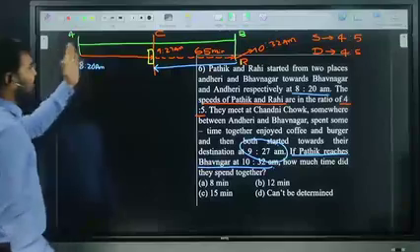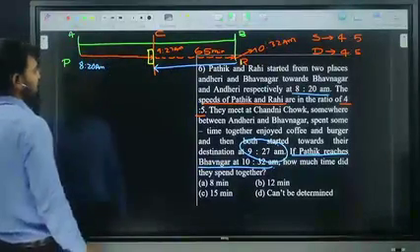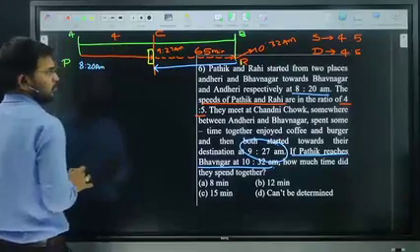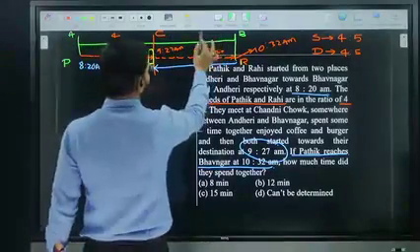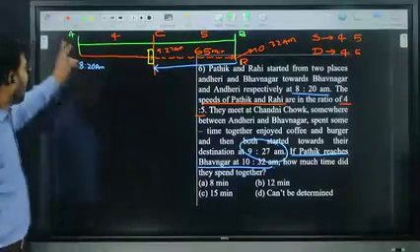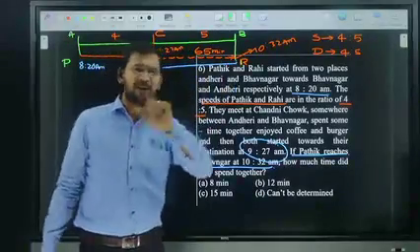Therefore, Andheri to Chandni Chowk, how many parts of distance? 4 parts. Chandni Chowk to Bhavanagar, how many parts? 5 parts of distance.